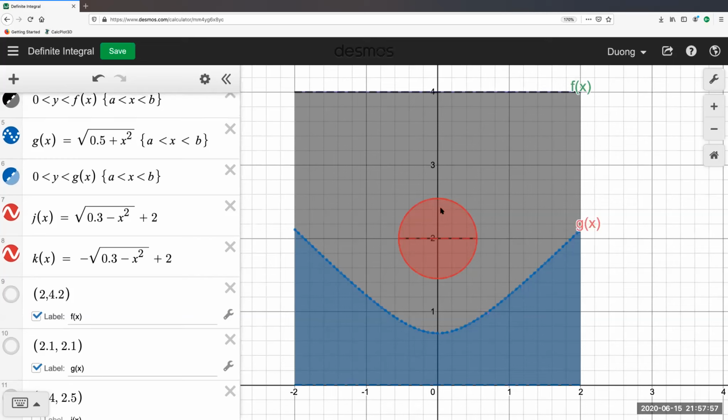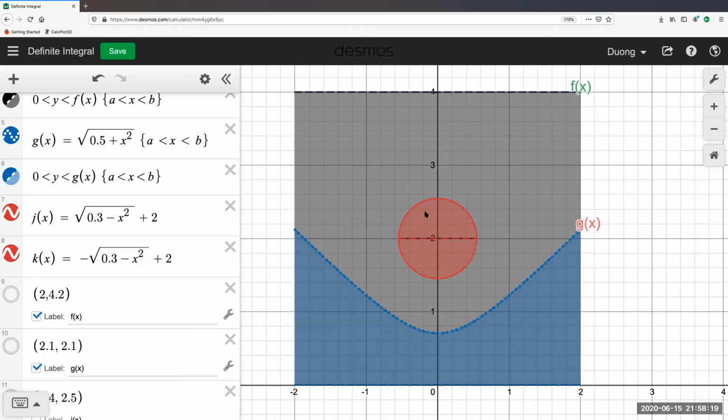Okay. And then look at this circle. So this circle has a center at (0, 2). It has a radius of an estimated square root of 0.3. So I know the circle formula, it should be x squared plus (y minus 2) squared equals 0.3.